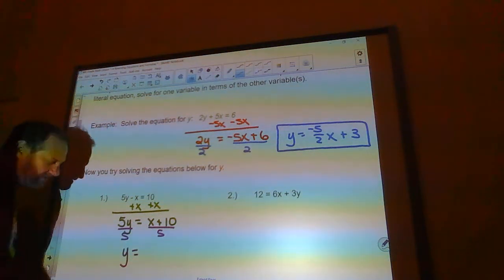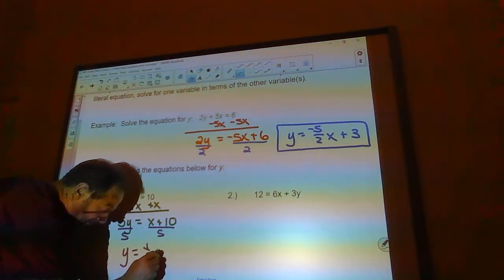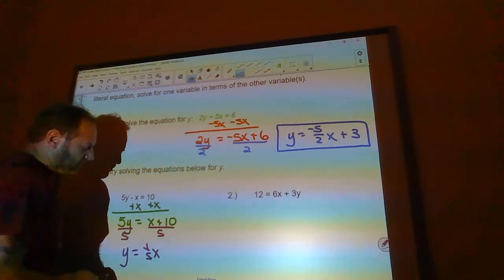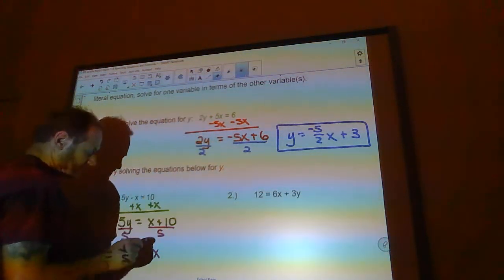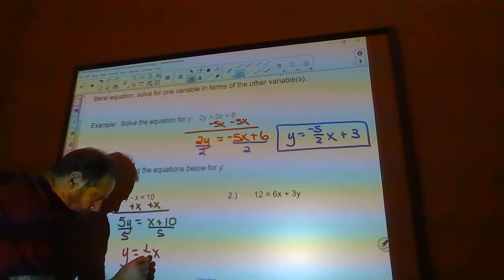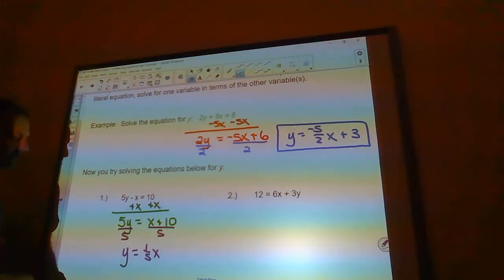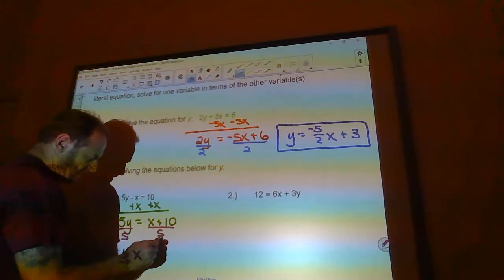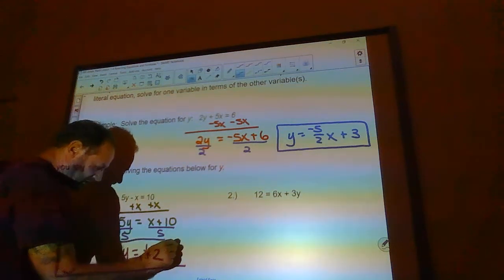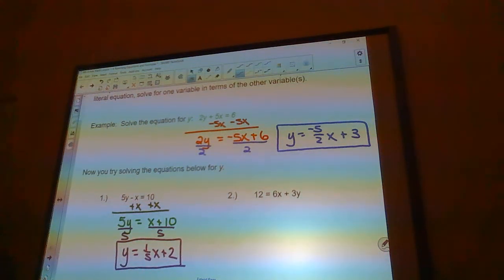X divided by 5, that's 1/5 x. You can just put x over 5 if you want, but properly, we're going to go ahead and rewrite that. 1/5 x, and then plus 10 divided by 5 is 2, so I need a plus 2 on there. So you should have got y equals 1/5 x plus 2.